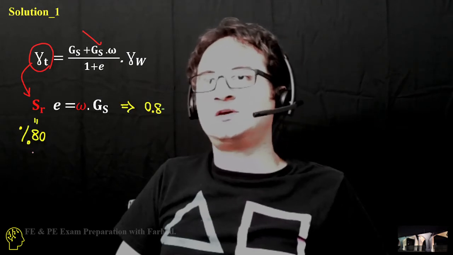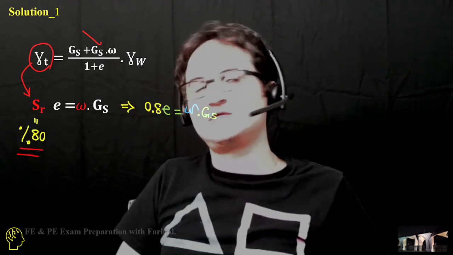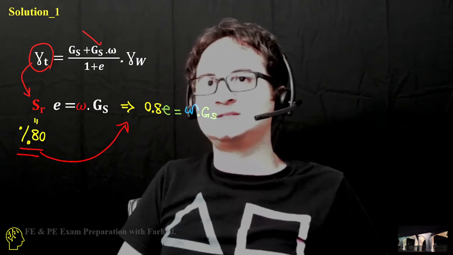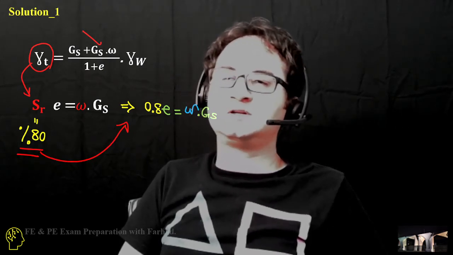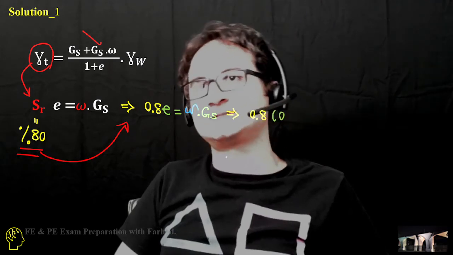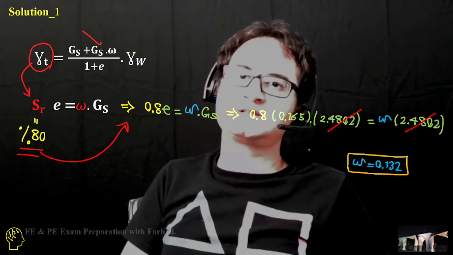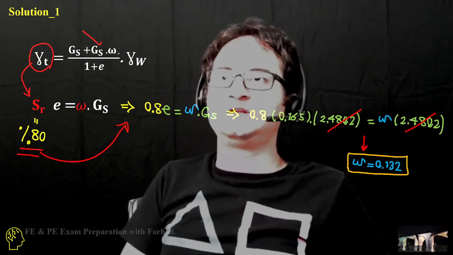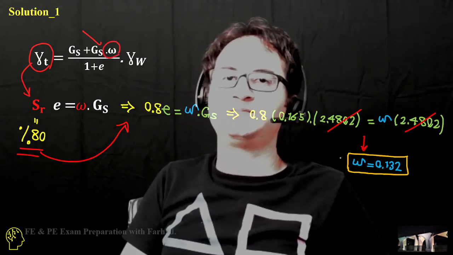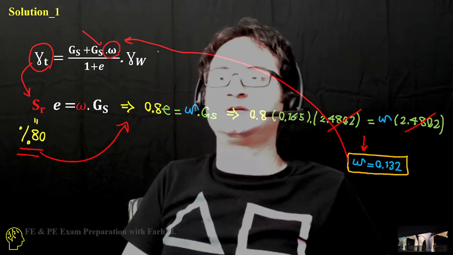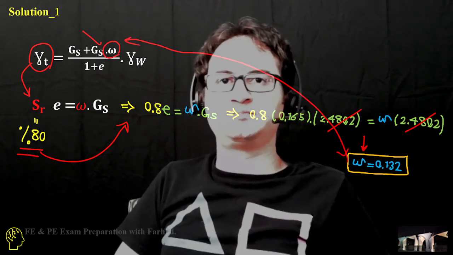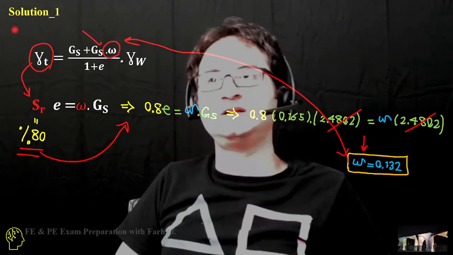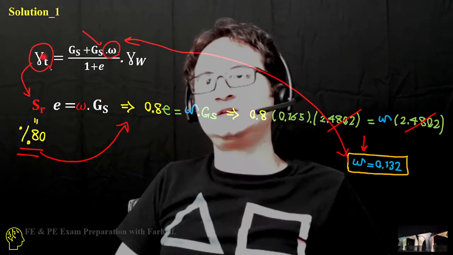So when SR is 80%, 0.8 times E is equal to water content W times GS, and that gives us the omega we need here. Water content is equal to 0.132, and it goes directly to the gamma T formula.